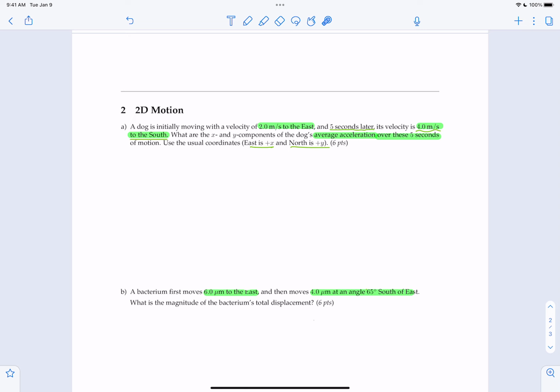It sounds silly, but for example, they're asking us for average acceleration, but you don't know what any of this other stuff means, you can just write, okay, average acceleration, that's delta v over delta t, right? Boom. That's a point at least, right?